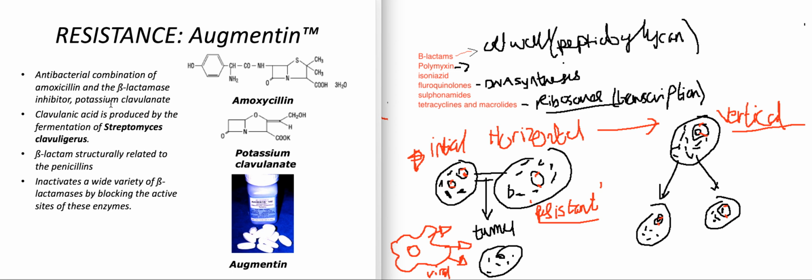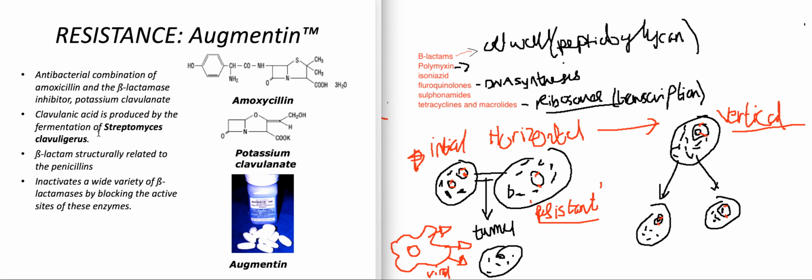Amoxicillin is broad spectrum, if you remember, but it doesn't contain the side group which stops the beta-lactamase from breaking the amoxicillin down. Now, antibacterial combinations, in that sense, you can add amoxicillin and potassium clavulanate, which is a beta-lactamase inhibitor.